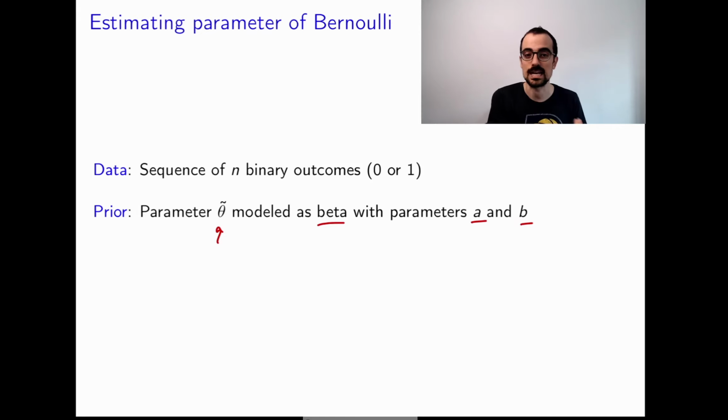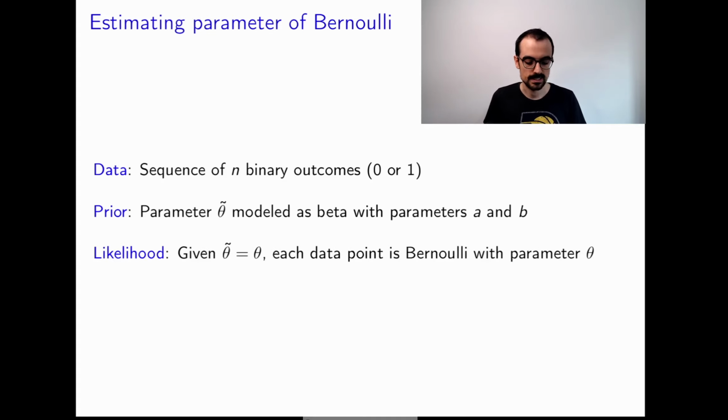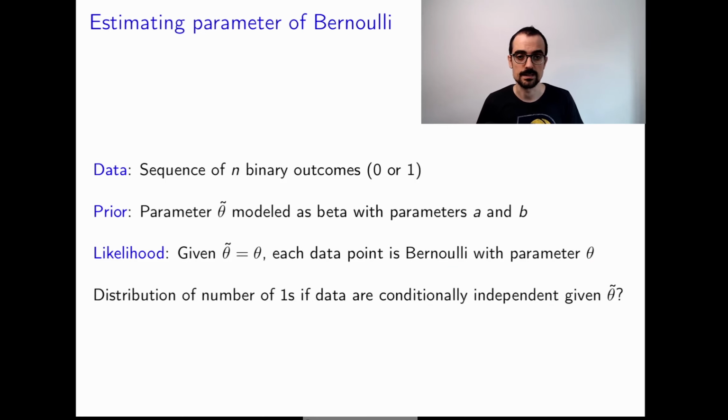If it's an election, that could be previous polls, results in previous elections, or our gut feeling based on what we read in the newspapers, which is probably useless trash, but who knows, we might want to take it into account. Then, given the value of the parameter, each data point is going to be Bernoulli with parameter theta, and they're going to be conditionally independent given the value of the parameter.